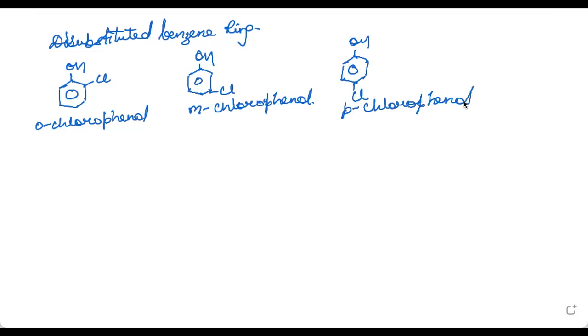Okay, the molecular formula is the same for all these 3 compounds. The functional groups are the same, but the only difference is in the position of the functional groups. Position isomerism. So these are the 3 examples of position isomerism, where the molecules have the same molecular formula, same functional groups, everything is the same, just the position of the functional groups is different.